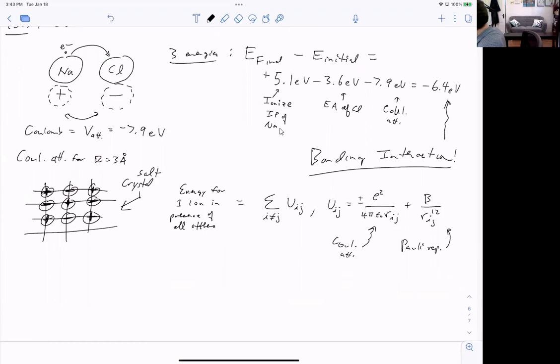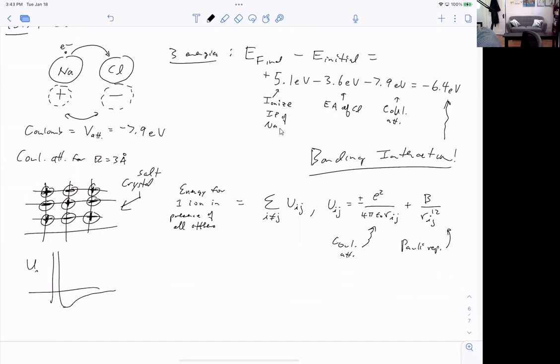Using similar reasoning as before, there's something useful to notice. If I plot this U_ij, there's a famous plot, and it looks like this.